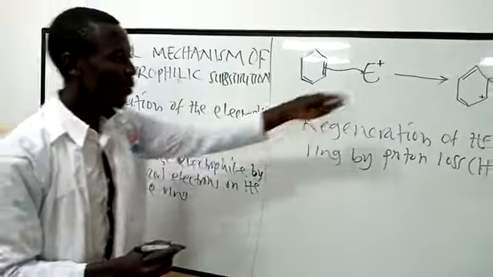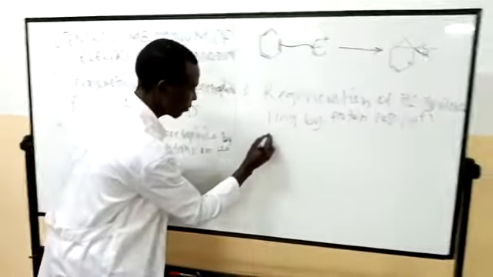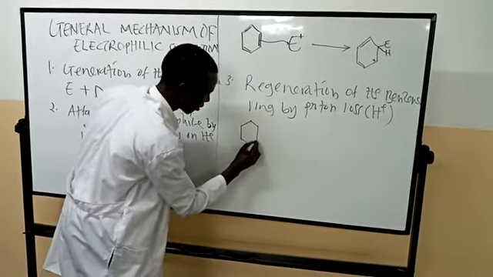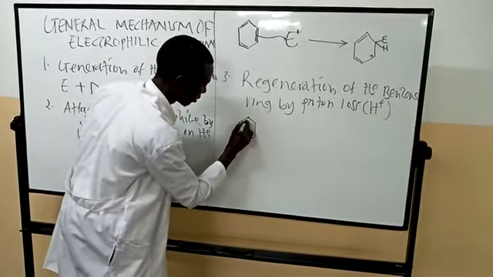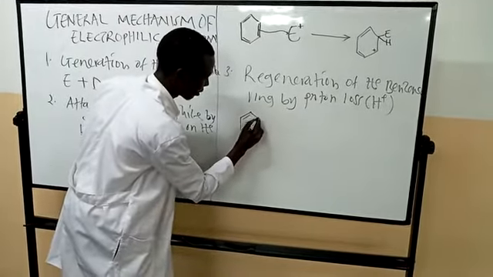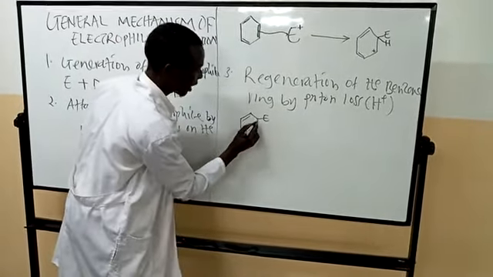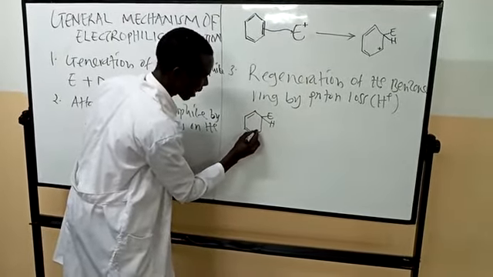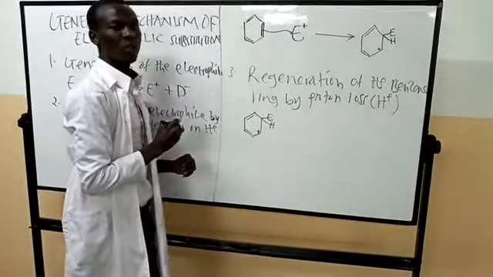So what happens here? We have the intermediate, which is unstable, with the electrophile attached there and the hydrogen atom there plus a positive charge there.